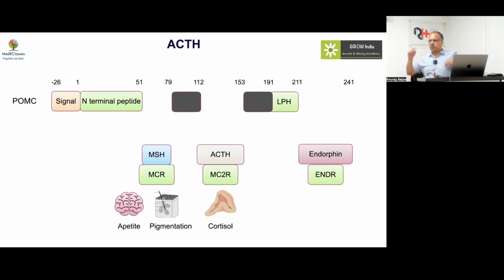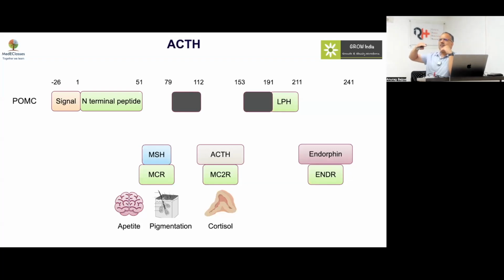So you will have obesity with central hypocortisolism. So you will have ACTH deficiency with obesity, and along with that you will have depigmentation. This will be the effect of POMC.